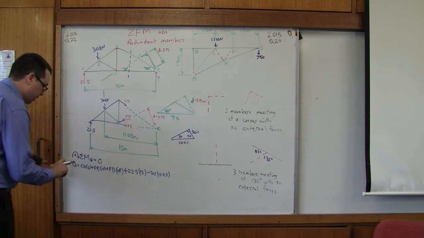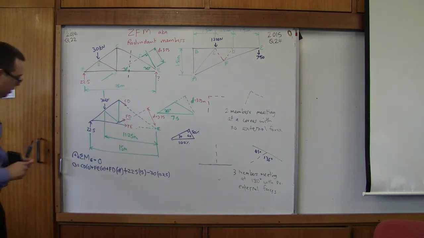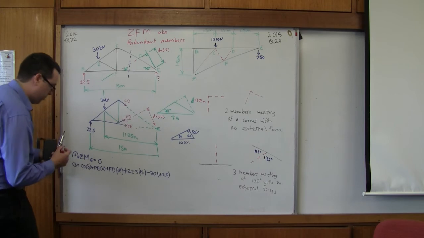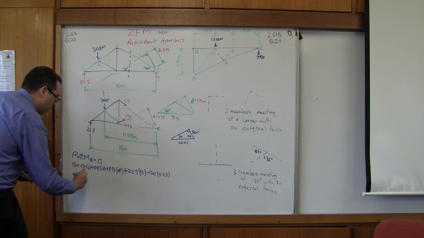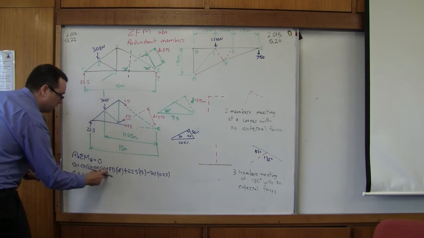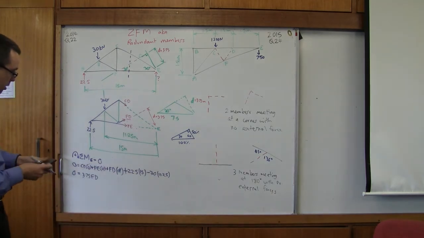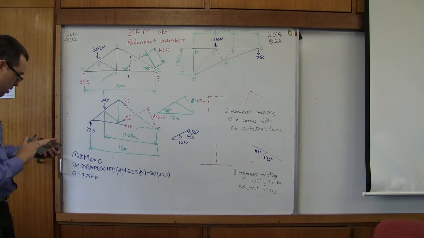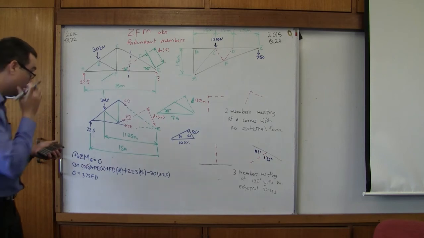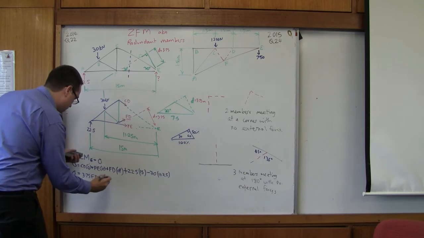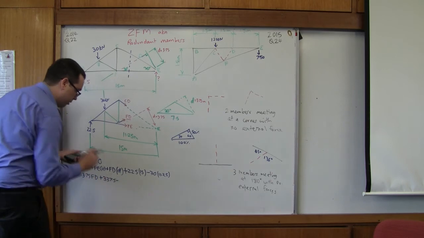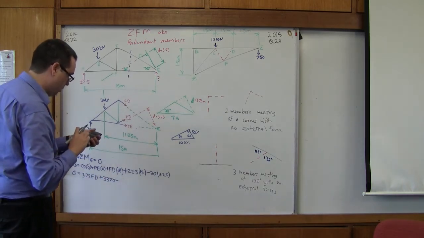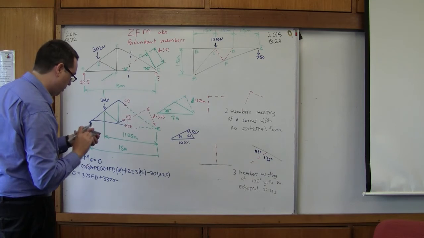I am going to write that as, so this is 0, 0. We're going to get 3.75 FD. That's positive. Plus 3375 minus 30 times 1.25.